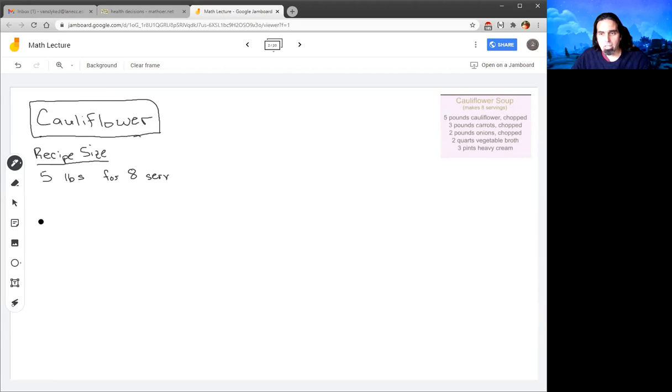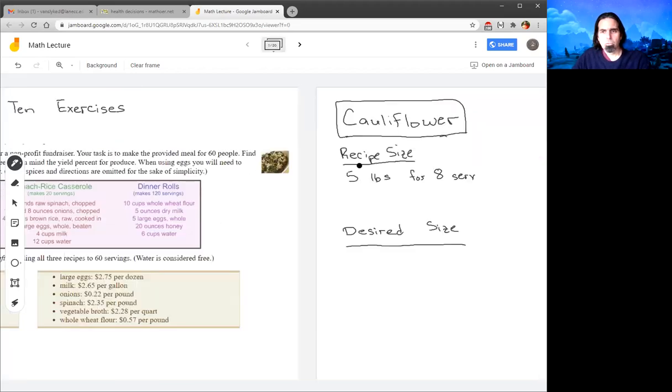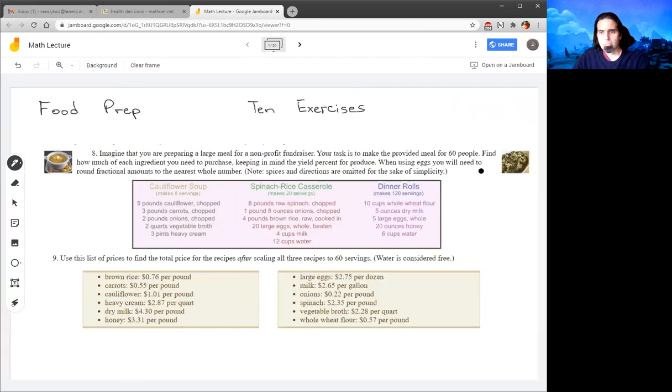We need to change that to how much we actually want. So the desired size: we wanted 60 servings, 60 people.